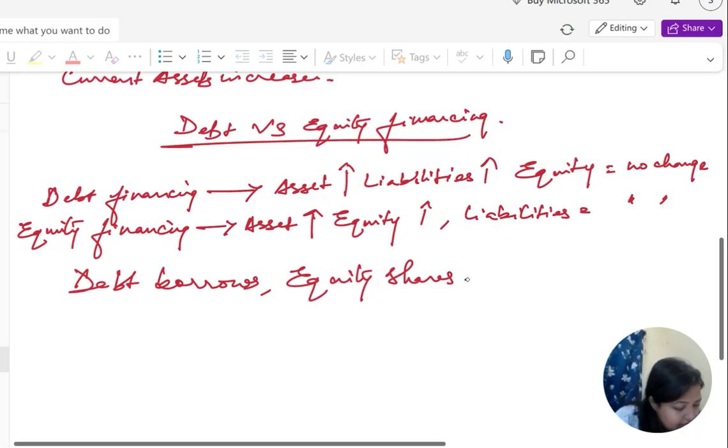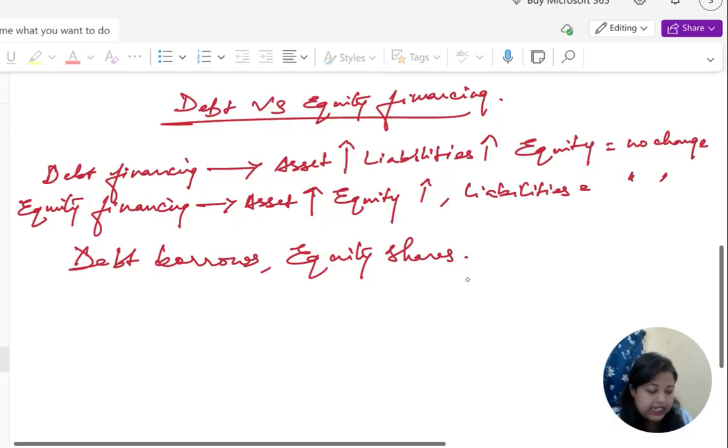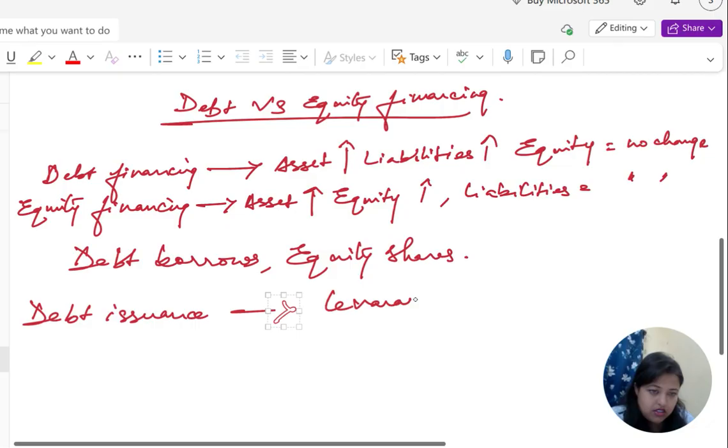Debt issuance impacts leverage ratios like debt equity, but does not dilute ownership.